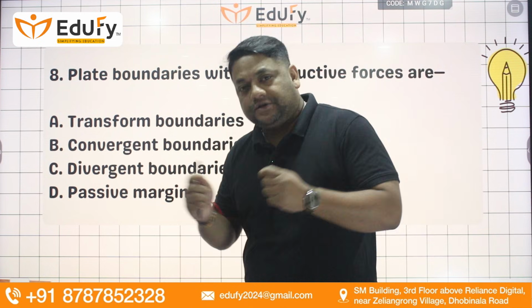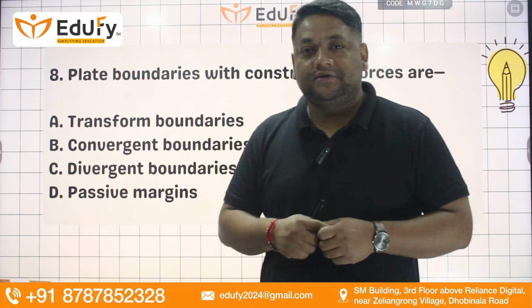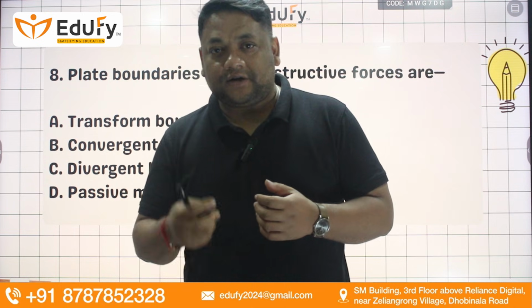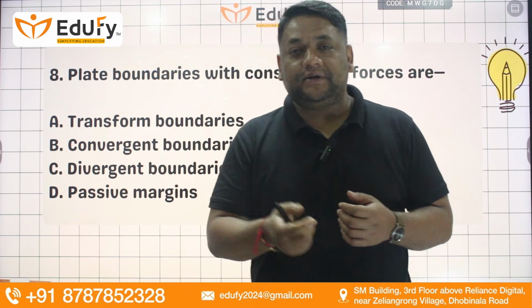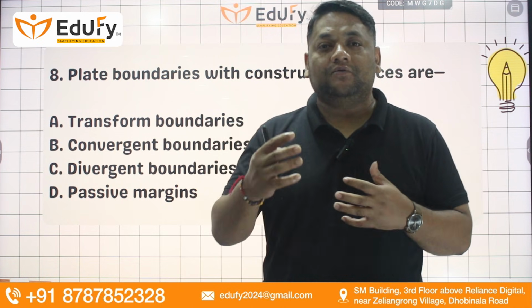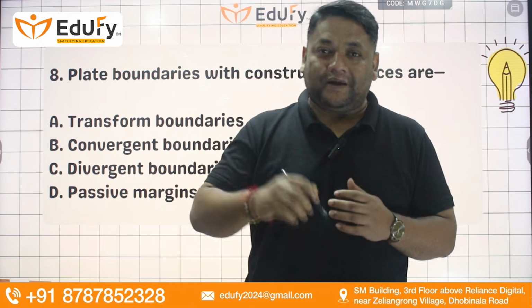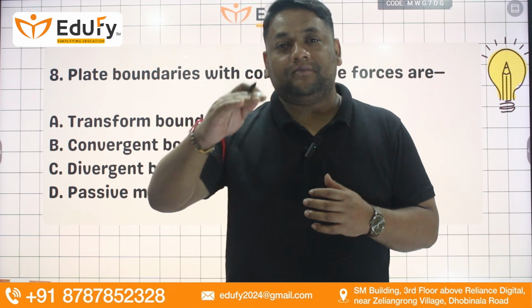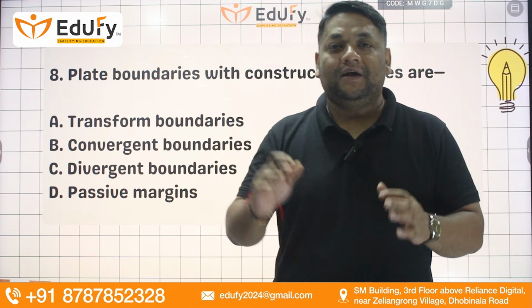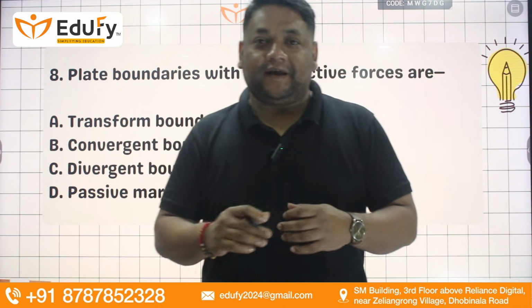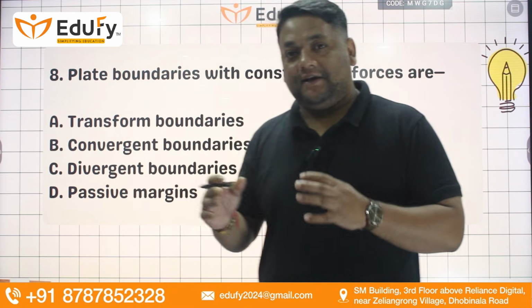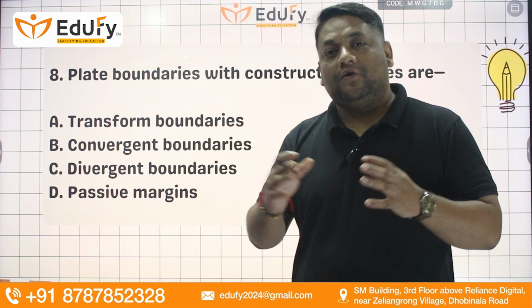Now, divergent boundaries cause new land formations because they construct ridges beneath the ocean, and when lava comes out, it gets solidified. Eventually, if it comes above the surface of the water, it takes the shape of islands and big islands. They can even convert into continents.